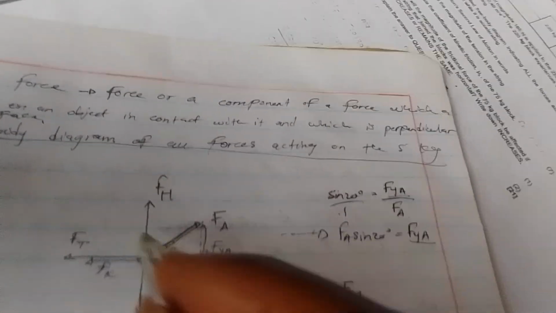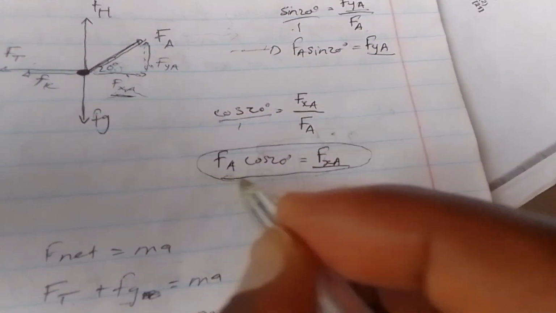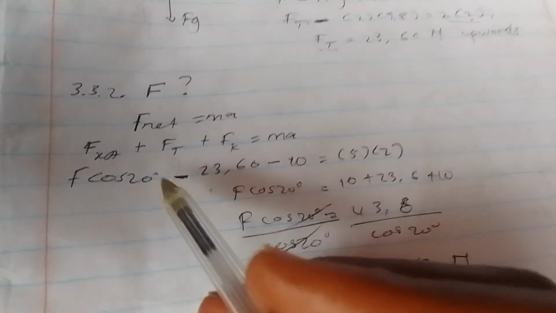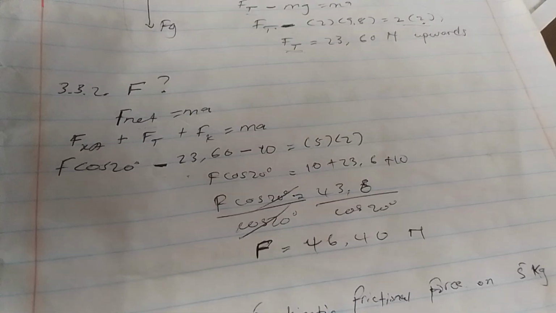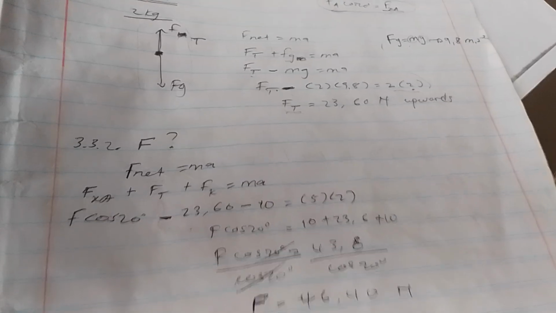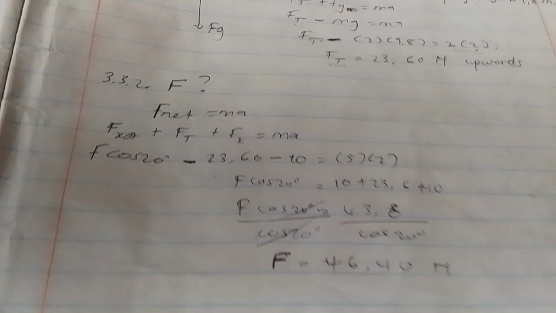But now we are dealing with the horizontal forces, which means we'll only look at our horizontal force component, which is Fxa. So let's go to our formula Fnet. Always take the direction in which the system is moving as positive. The statement reads that it is accelerating to the right at 2 meters per second squared, so to the right we're going to use as positive.